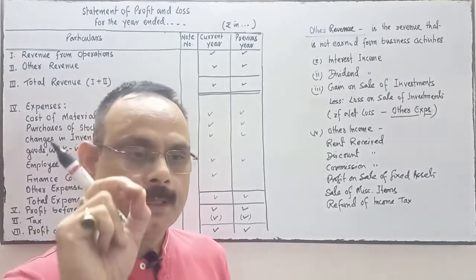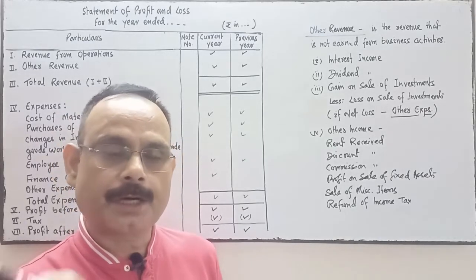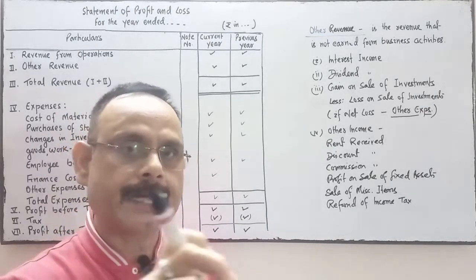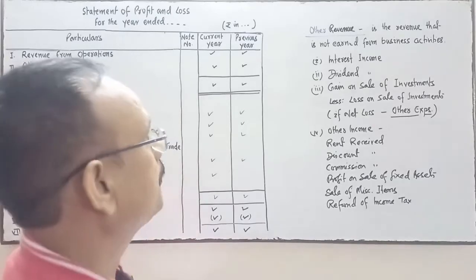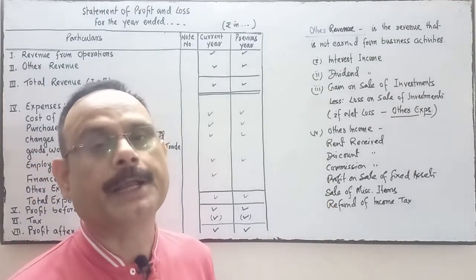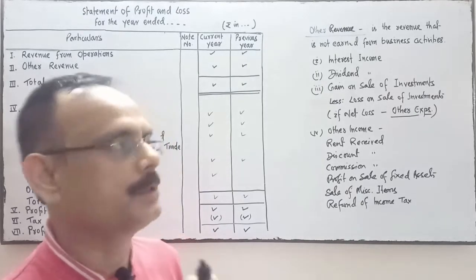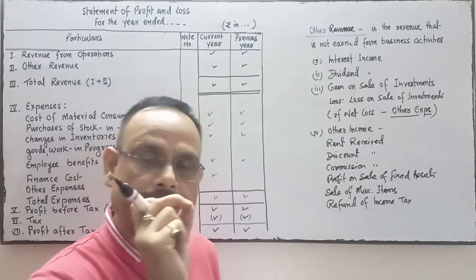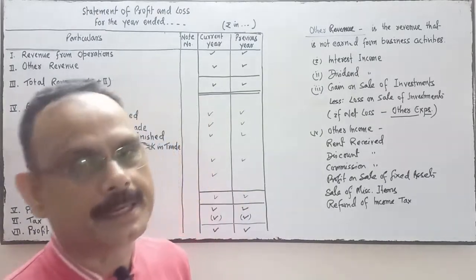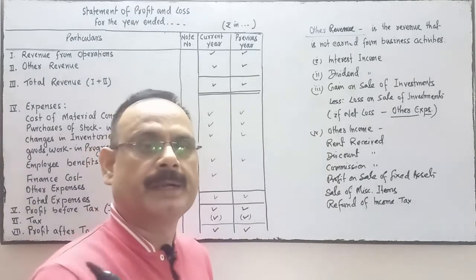If any such income is earned by the company which is not directly related to business, for instance, interest income, interest received or accrued, dividend received or dividend income, gain on sale of investment.